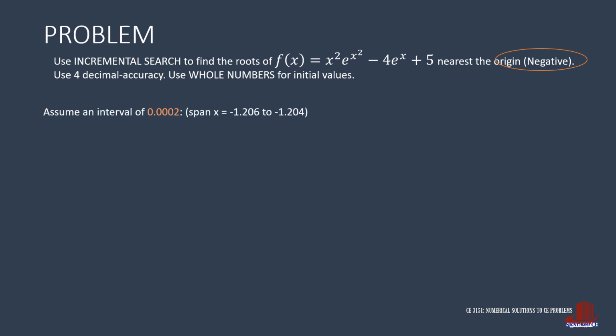With an interval from negative 1.206 to negative 1.204, we then use increments of 0.0002 starting from the upper limit of x equal to negative 1.204.